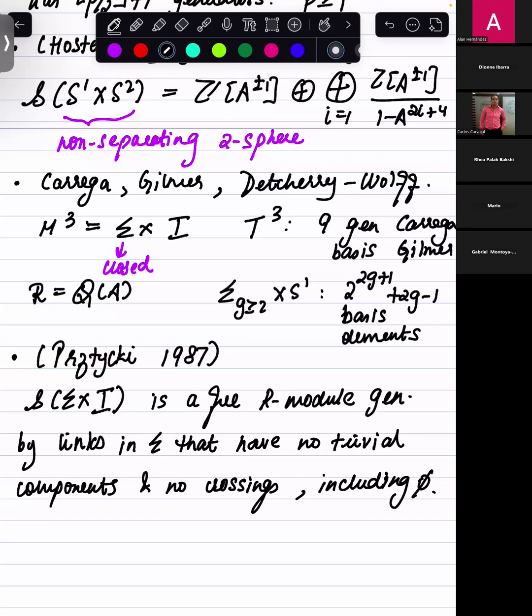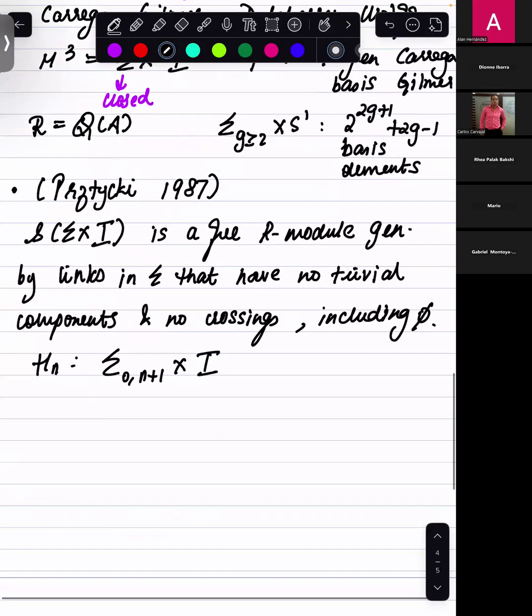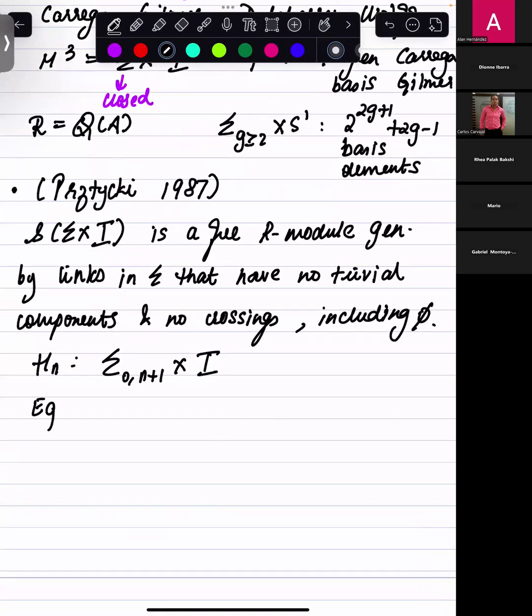Okay, and in particular, this holds for handle bodies, because we know that handle bodies are thickenings of planar surfaces, the thickening of a disk with n boundary components times the unit interval. So essentially what this means is that, as an example, if I were to work with sigma 0,3 times I, so this is the pair of pants, then this is my pair of pants.